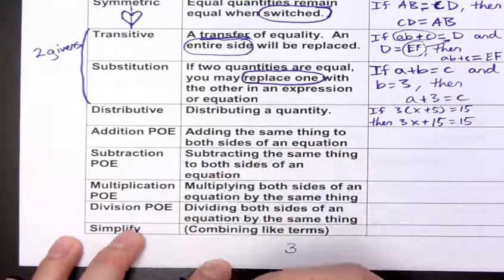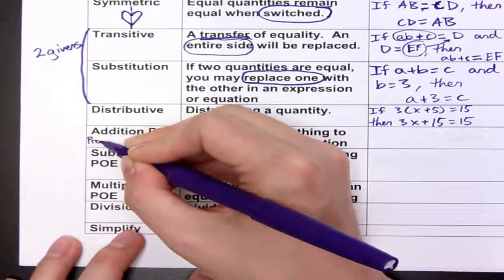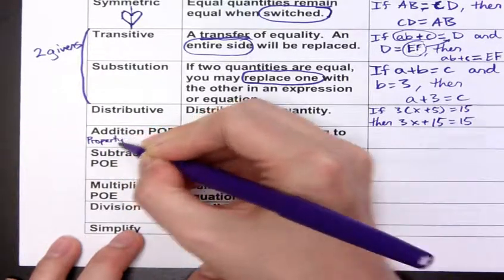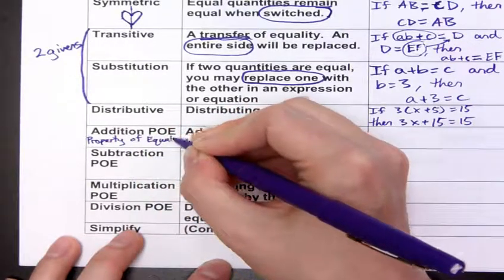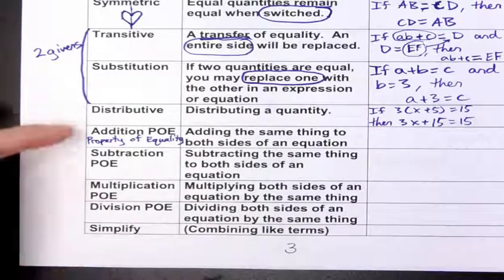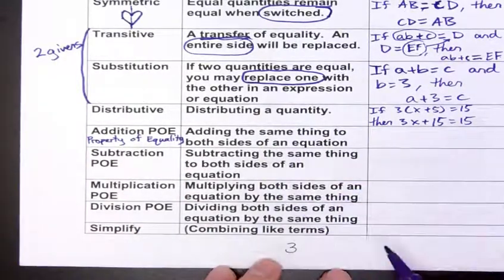POE stands for property of equality. If you want to know that, you'll see it a lot. And so all of these are saying addition. We just have to do the same thing to both sides of the equation to make it work.